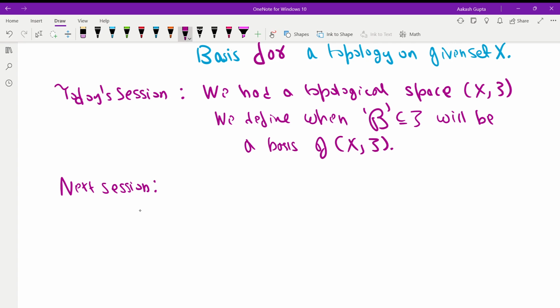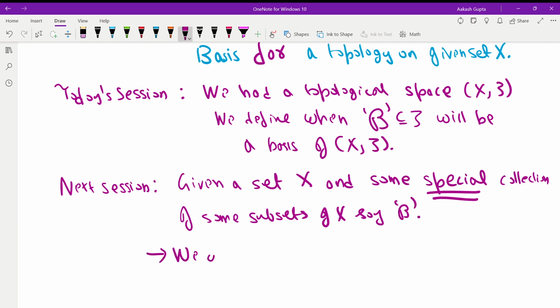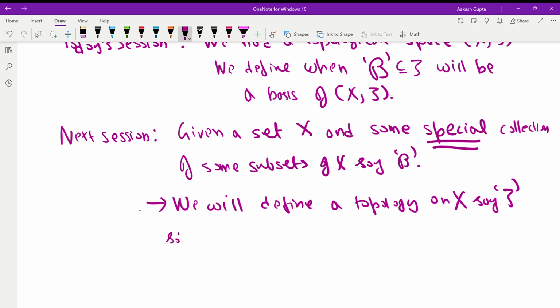what we are going to do is, given a set X and some special collection of some subsets of X, say script B, we will define a topology on X, say tau, such that script B will be a basis of tau.